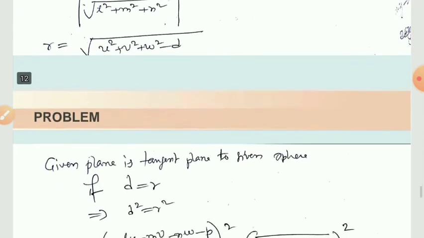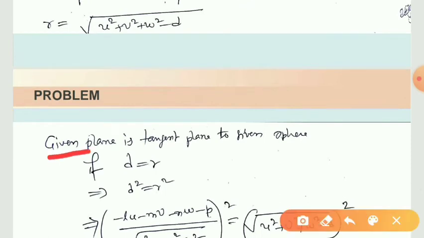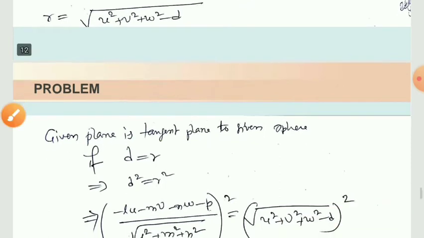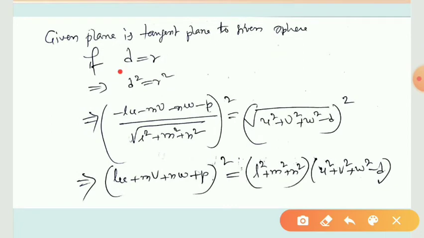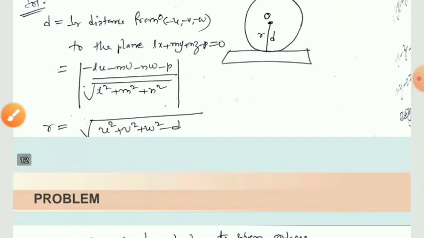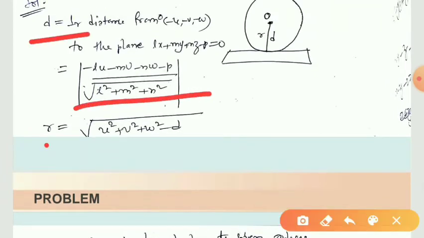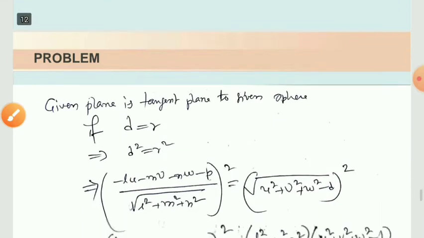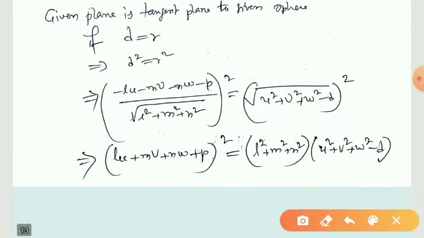Here it is given that the plane touches the sphere. Therefore, the given plane is a tangent plane to the sphere. Therefore, the condition is D is equal to R. This implies D square is equal to R square. By substituting the value of D and the value of R in D square is equal to R square, we will get this expression. On squaring both sides, minus will become plus.